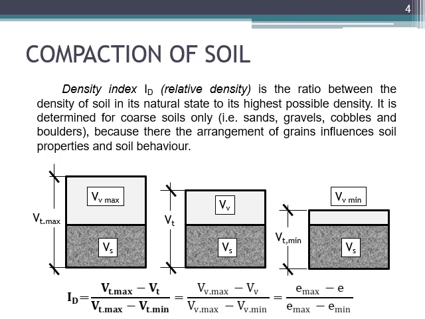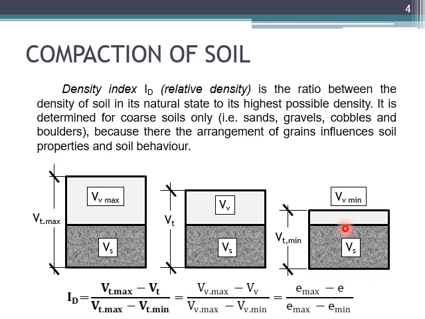The ID can be defined either using the total volumes of the sample or using just the volume of voids of the sample or using the void ratios. Because we are assuming that the volume of the skeleton is not changing, because we are assuming that the skeleton is incompressible.